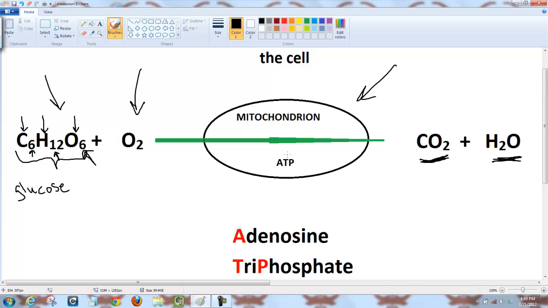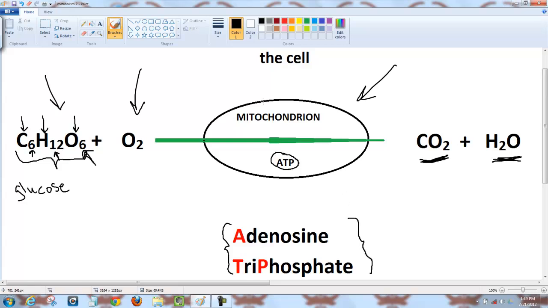We know what happens to the CO2 and the H2O. We also talked about how this conversion from oxygen and sugar into CO2 and H2O will yield some energy that we call ATP, or down here we have it written out, adenosine triphosphate.